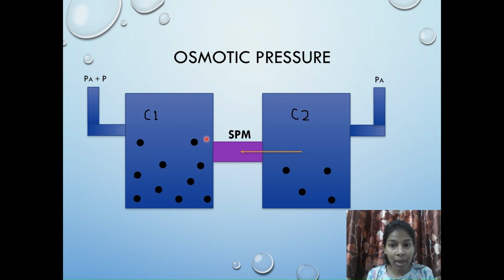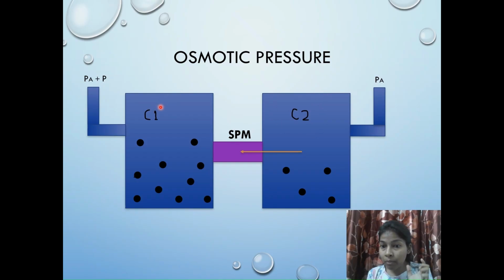A time will come when the external pressure applied will balance the concentration difference of the solvent, and the movement of solvent from C2 to C1 will stop.